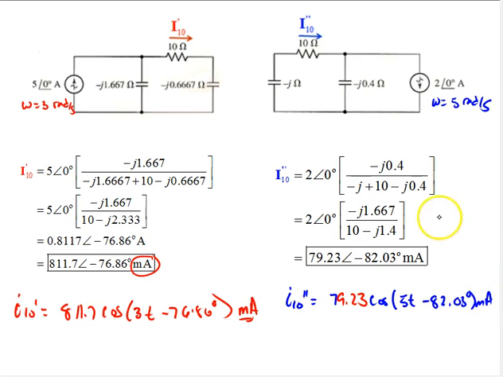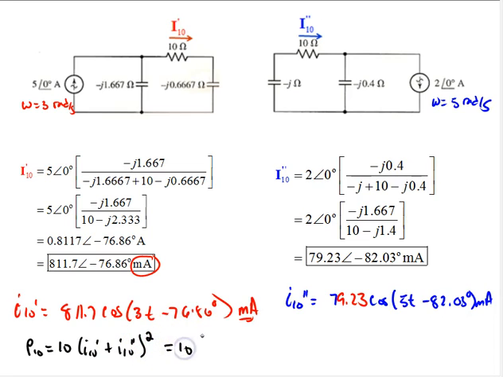Now we have the 2 currents, and we can say that our P10 is equal to 10, our R, times I10 prime squared. Well, actually it's I10 prime plus I10 double prime. The entire thing is squared.